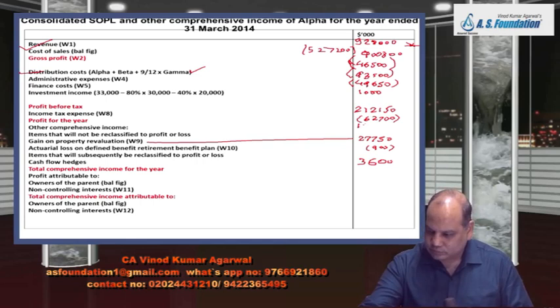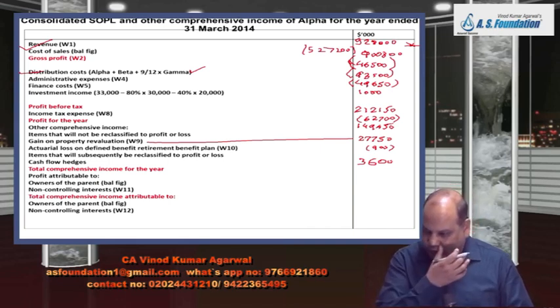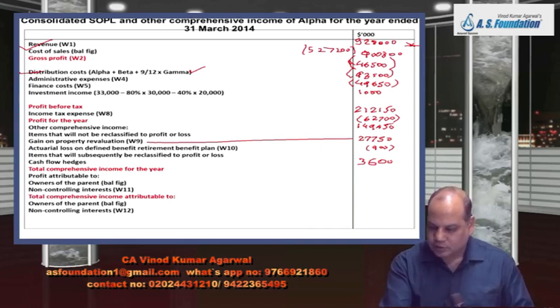149,450. Okay, so this is an important figure, you got it. And then we have other comprehensive income: item that will not be reclassified to P&L account, gain on revaluation, actuarial loss; item that will be reclassified to P&L account, cash flow hedge. Now take your calculator again, type 149,450 plus 27,750 minus 900 plus 3600.